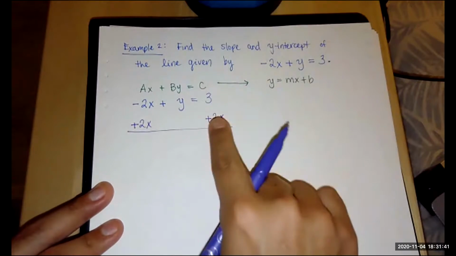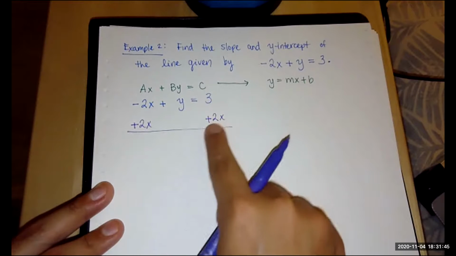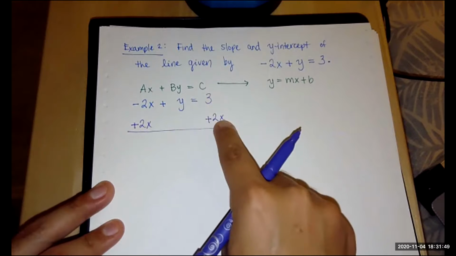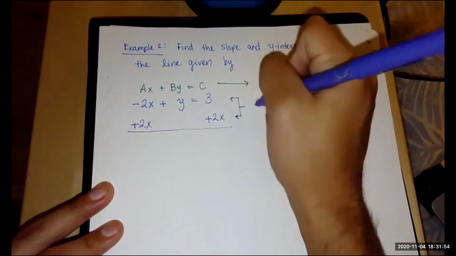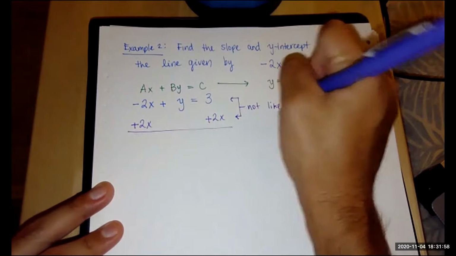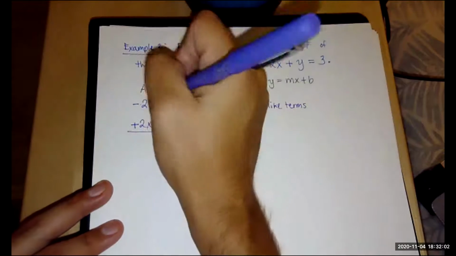And again, don't be fooled right here. Just because I put the 2x below the 3, I'm not actually going to add these because these are not like terms. So you have to remind yourself that these are not like terms. So I can't add them. It's like apples and oranges.